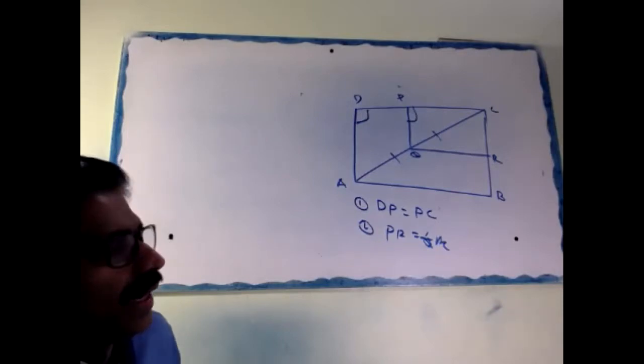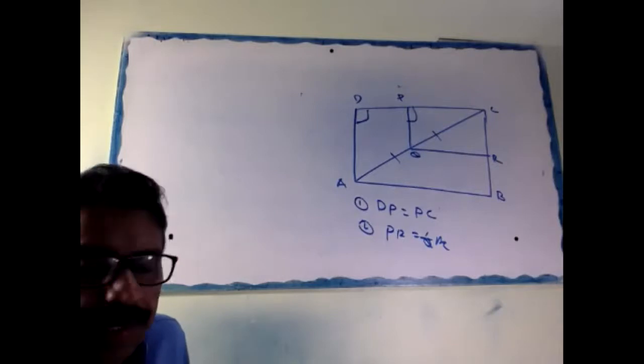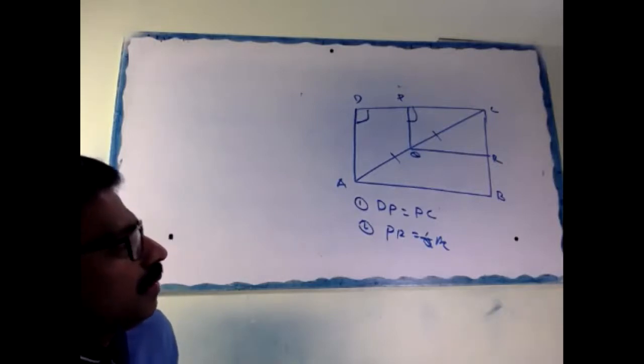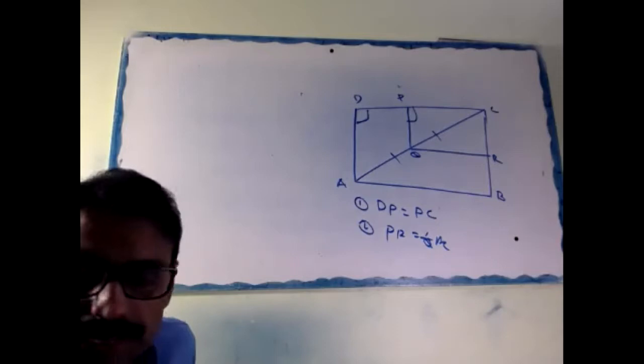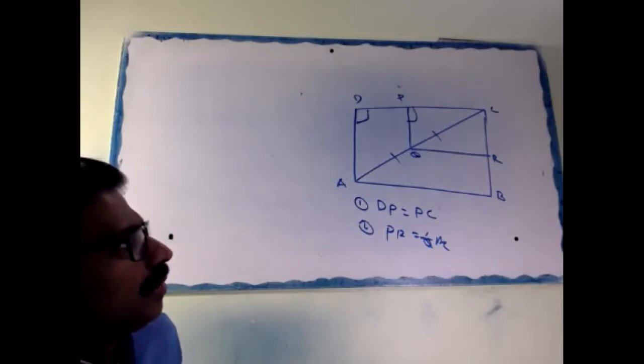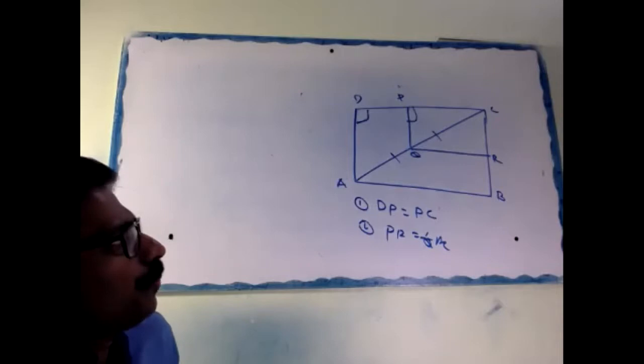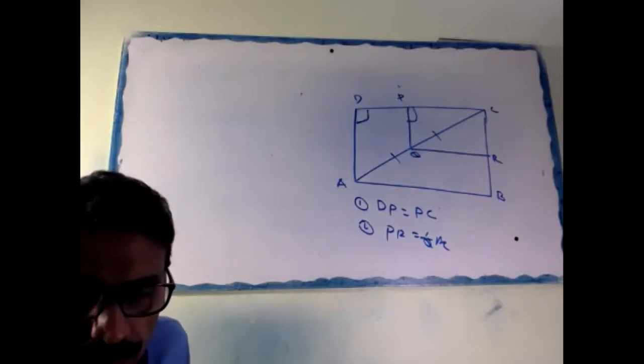Then in triangle ADC, Q is the midpoint of AC, given. QP is parallel to AD, proved.